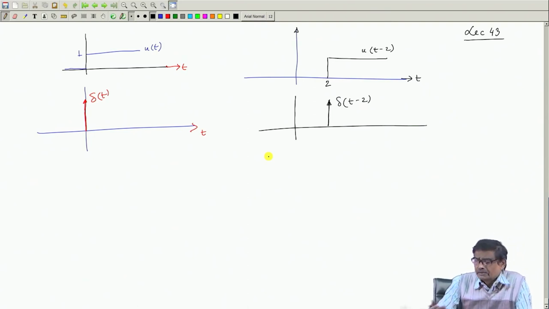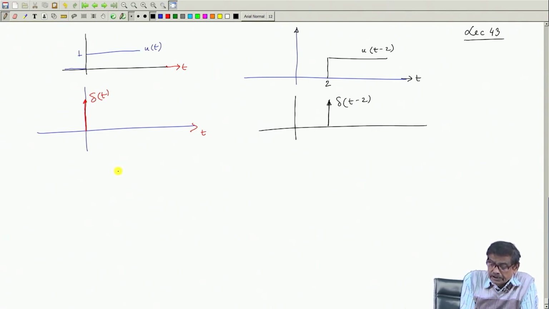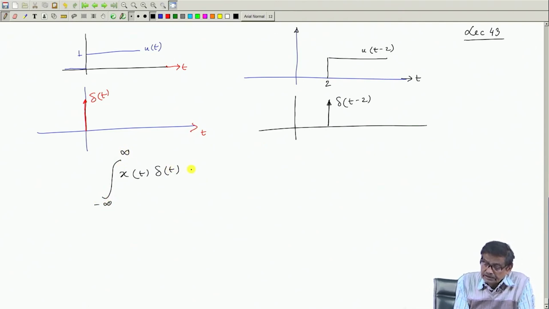There are several interesting properties. If it is needed for some problems, I will go further into that, but one property I told you is that if you multiply x t with delta t and integrate it from minus infinity to infinity, it is going to give you the value of x 0. That is, delta is situated at t equal to 0.